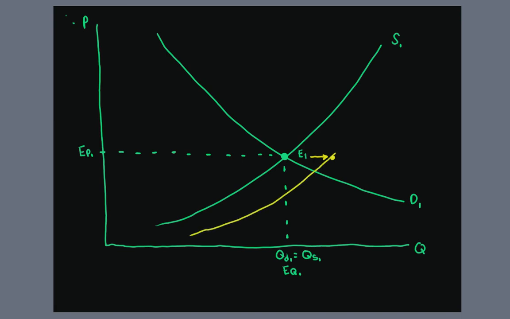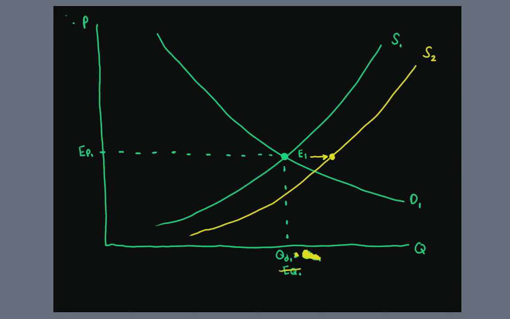So if I come down to the x-axis from this new shift in supply, I have my new quantity supplied. At this moment, I have a quantity supplied that is greater than the quantity demanded. I have more producers than I do buyers.